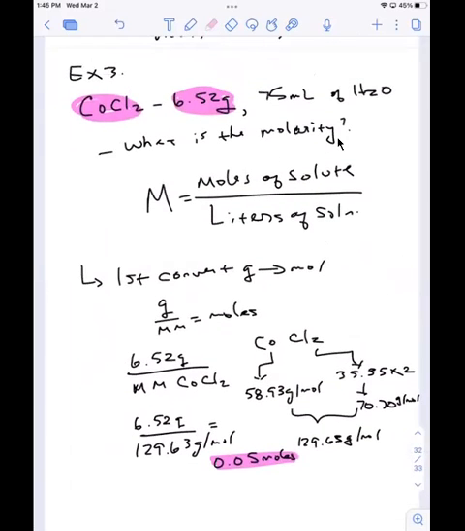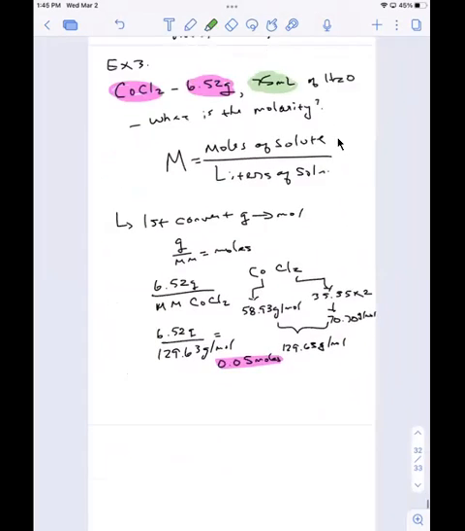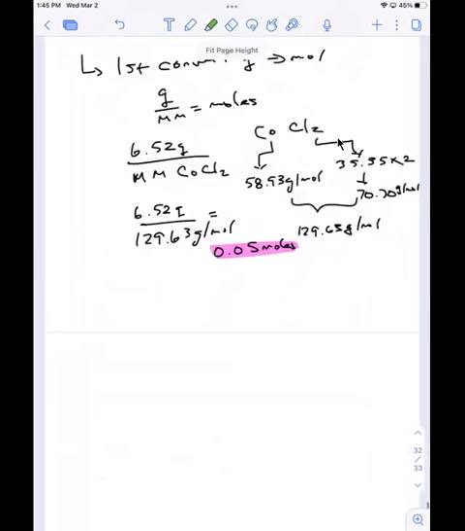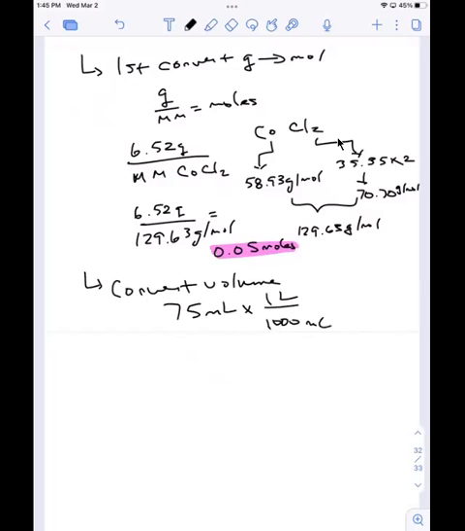But right now, our volume is in milliliters, so we need to convert that. How many liters is 75 milliliters? So it's going to be 0.075 liters.